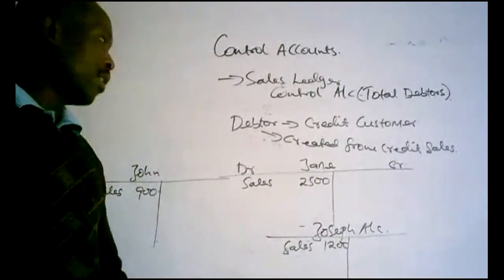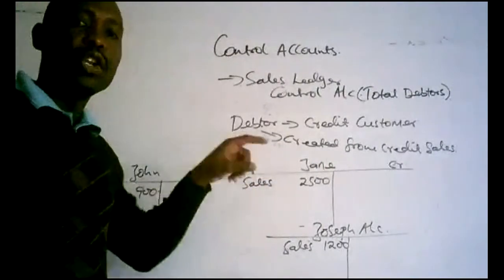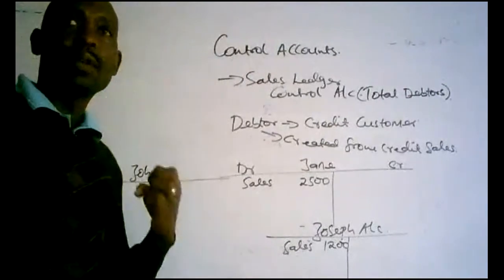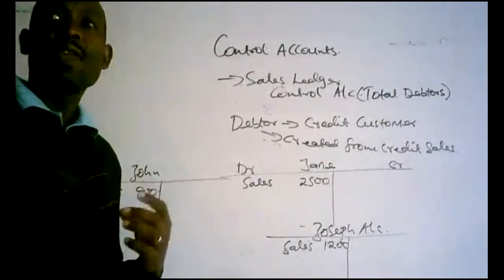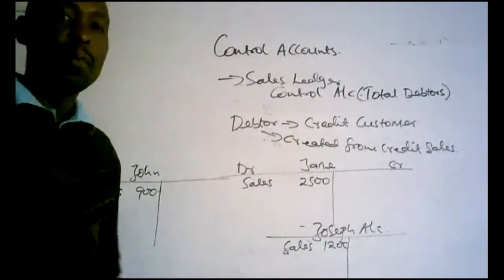Then you realize that because we have sold these goods to these debtors, it will reach a time when these people are going to pay. Either they are going to pay in full or they are going to pay in installments.